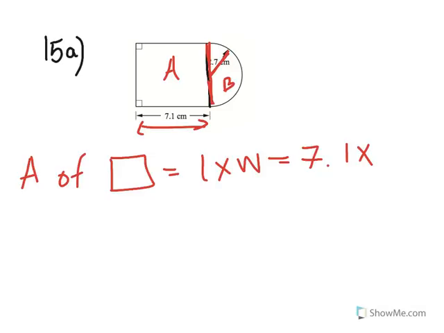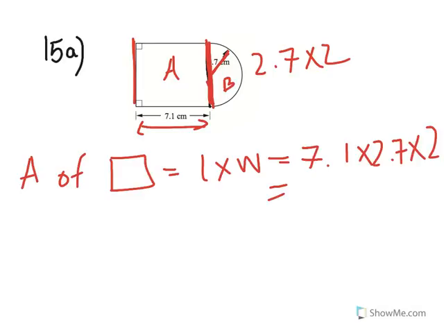Correct? If you join those two lines together, you'll notice that it becomes the width of the rectangle. So you just have to do 2.7 times 2 to find the width. So 7.1 multiplied by 2.7 multiplied by 2. And that'll give you the area of A, and that is 38.34.